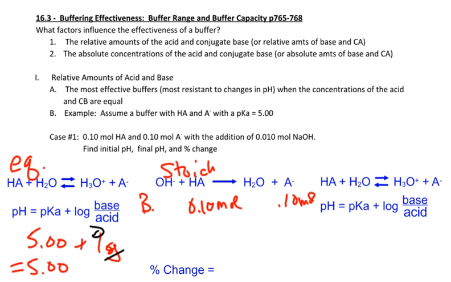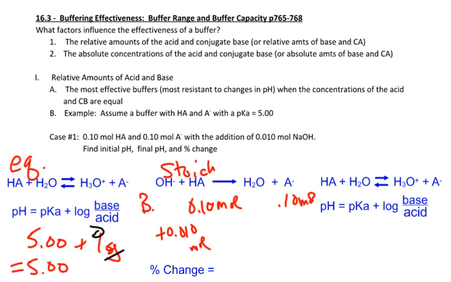Now I'm going to add some sodium hydroxide to the system. I've set it up to show you that the hydroxide is going to react with the weak acid. Hydroxide's not going to react with a base, it's going to react with an acid. That's why I put it with the HA.